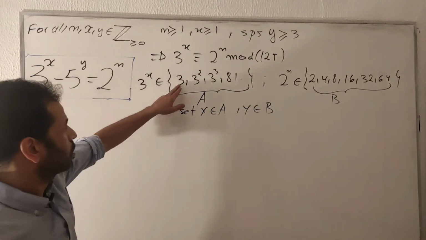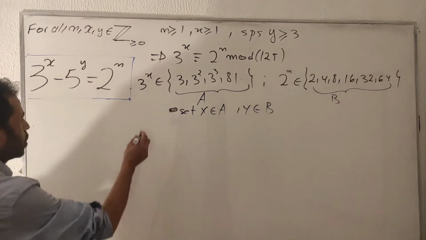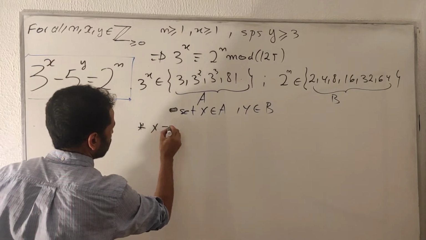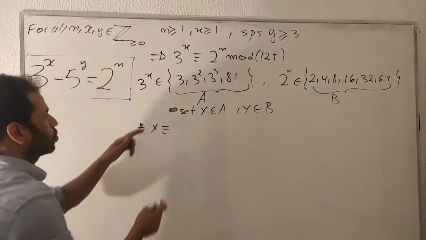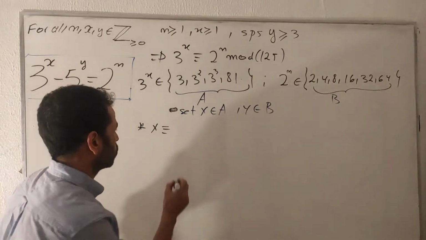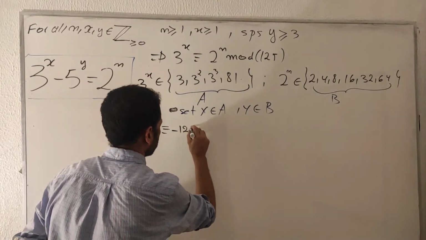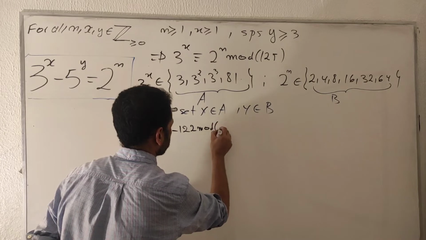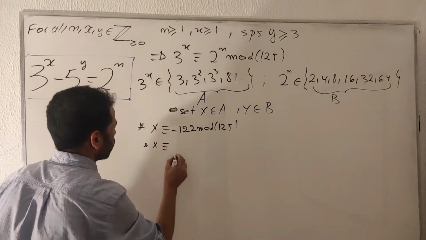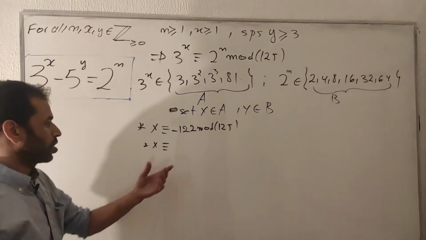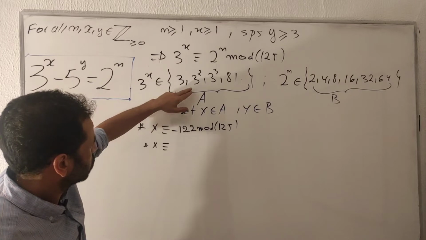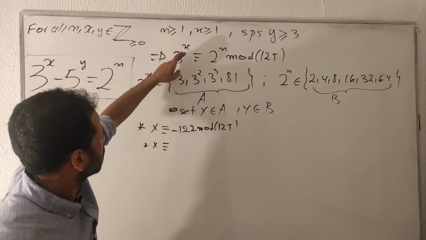Now let's calculate the remainders of this one. So I get the first possibility: x is congruent, I'm going to use 3 minus 125, which is minus 122, minus 122 mod 125. So the next potential remainder for the next one: I get 3 squared, which is 9 minus 125.